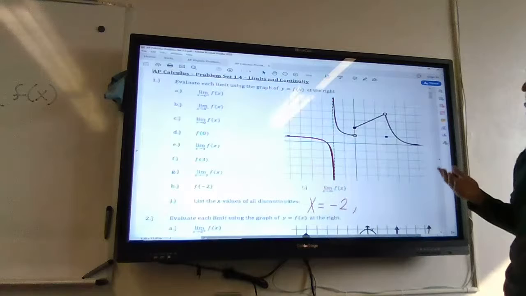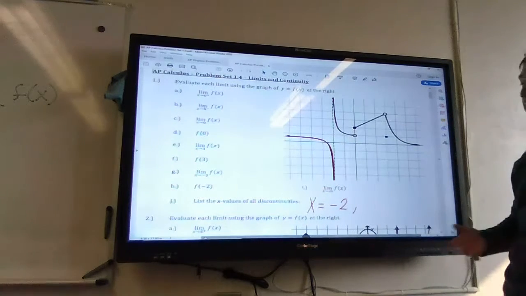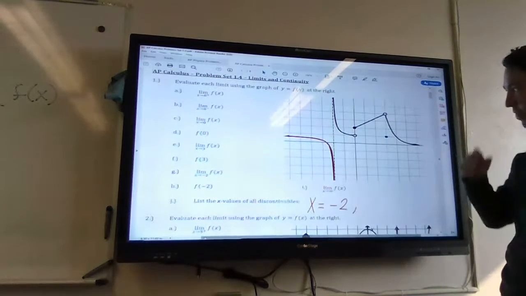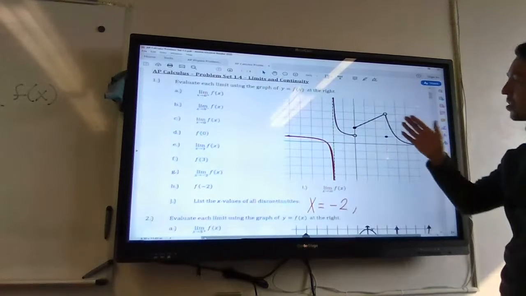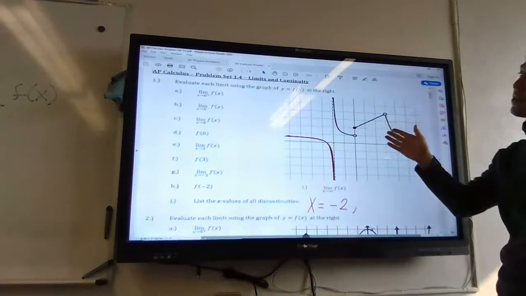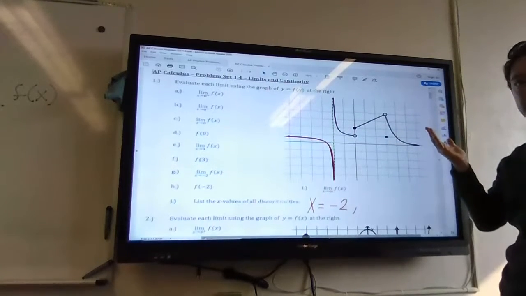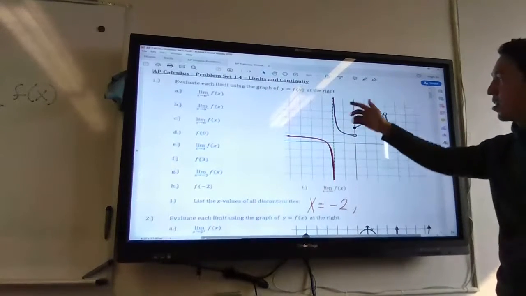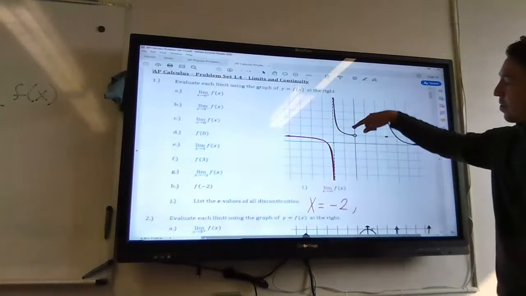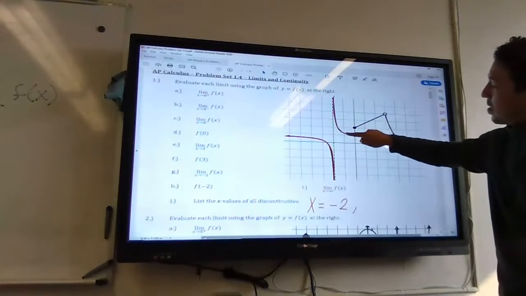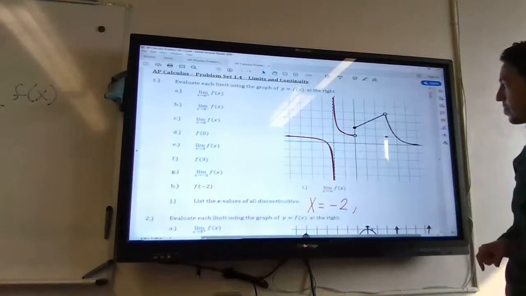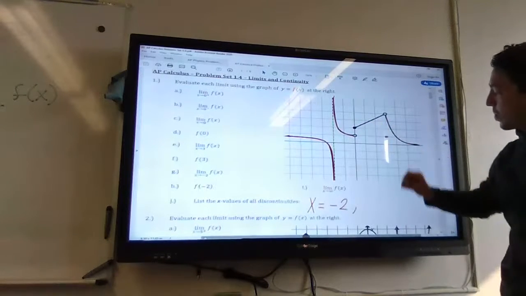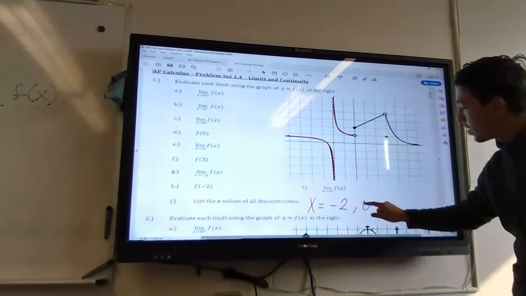There are rigorous definitions, beyond the scope of a Calc 1 class, but the simple way to think of it is: where are the spots on the graph where you have to pick up your pencil if you're drawing the graph? Right here, you have to pick up your pencil to get over here. And then over here, we have to pick up our pencil again. There's a little gap in the function. So there we go at 0.